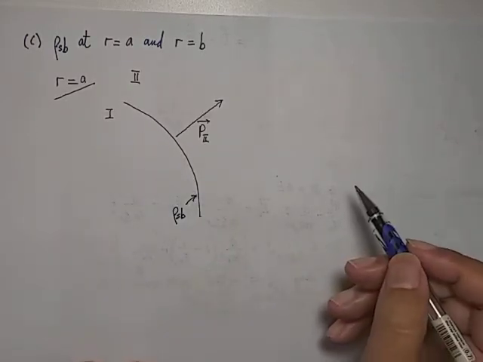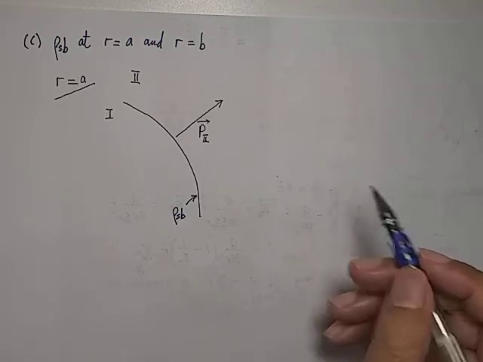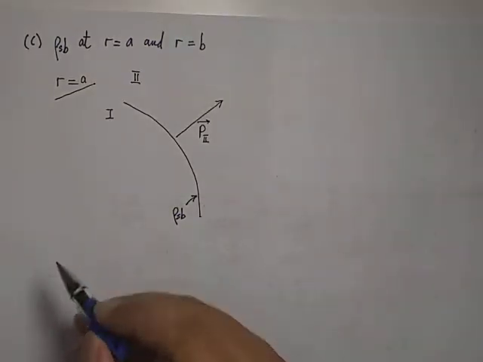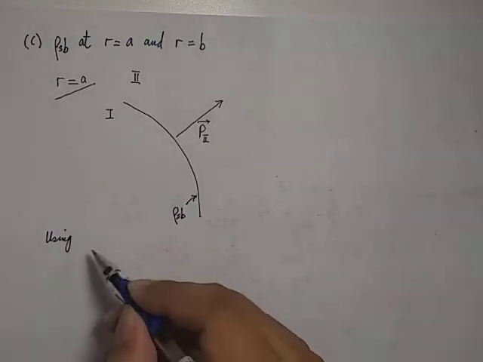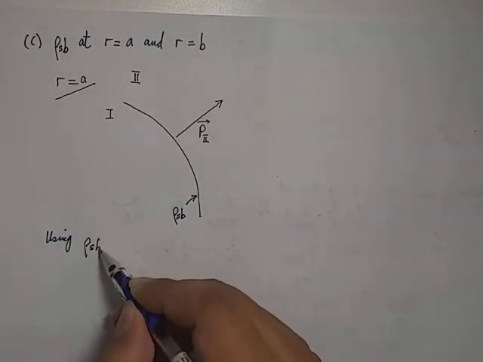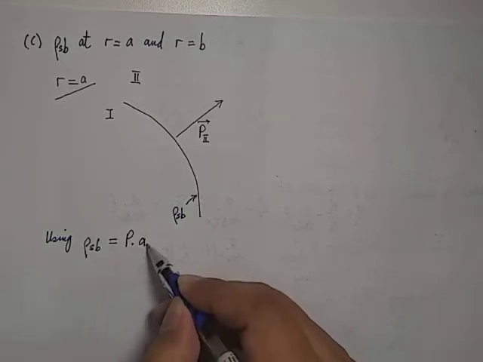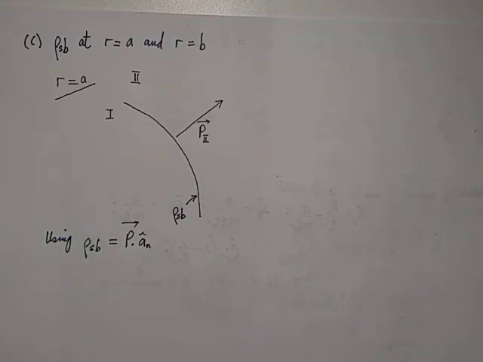Therefore, the way we have to do it, we have to refer back to our discussion before, where we determined rho SB using the formula rho SB equal to P dot AN. Remember that formula? P is the polarization vector. AN is the unit vector.